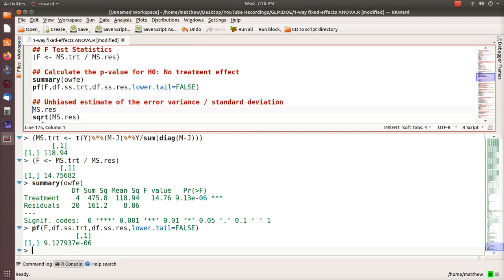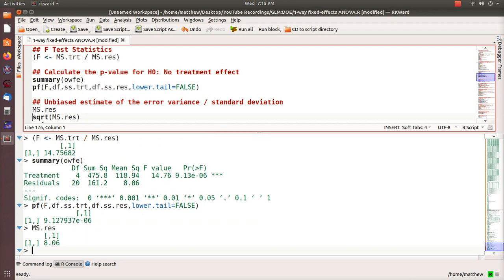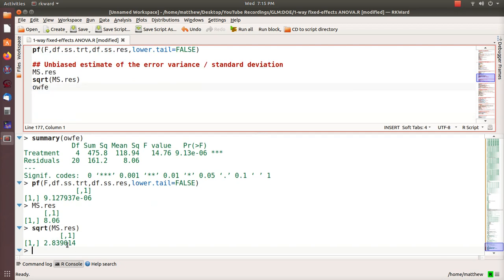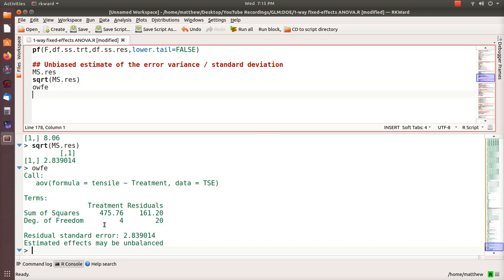Now an unbiased estimate for the error variance is the mean squared residual. So it's 8.06. An estimate of the standard deviation is you just take the square root of it and we get 2.83. Now if we hit summary on this model, we get this format, but if we just print the model we get a different format.